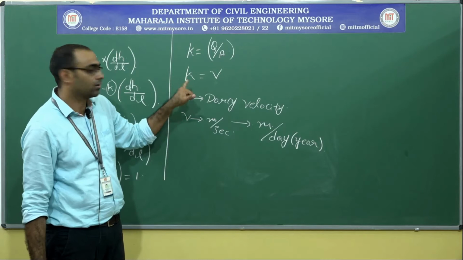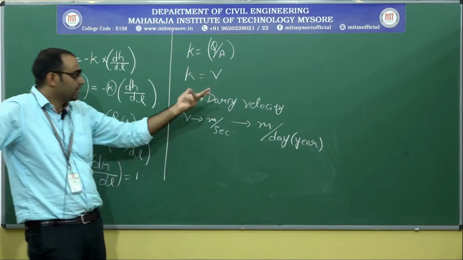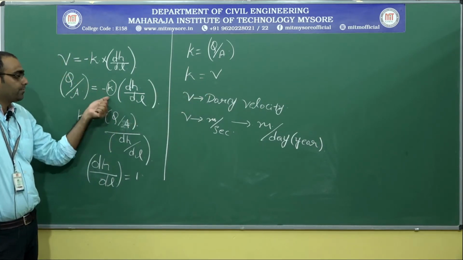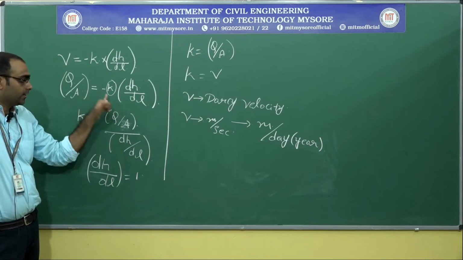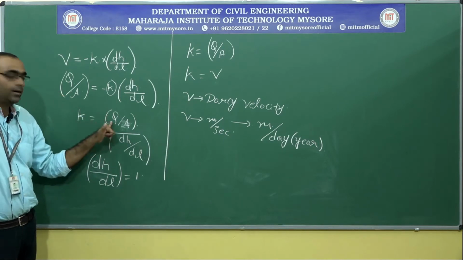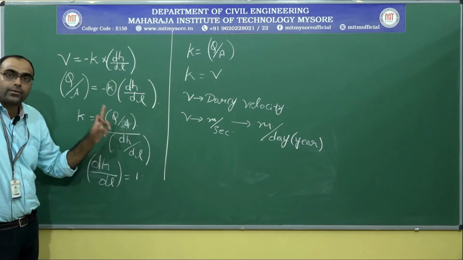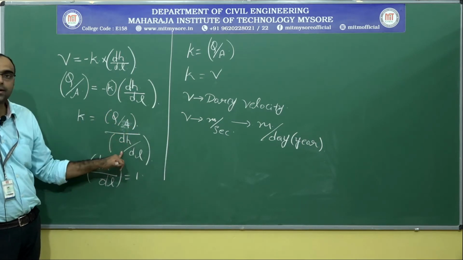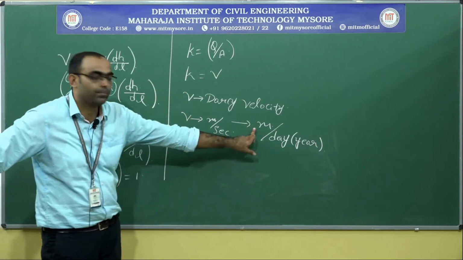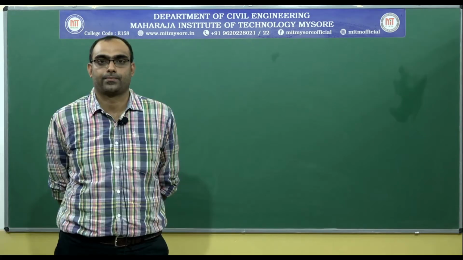Coefficient of permeability or hydraulic conductivity. Once again, the definition of coefficient of permeability or hydraulic conductivity is the ratio of rate of flow of water per unit area of the aquifer under unit hydraulic gradient, and the unit for that is meter per day. This should be remembered to solve the problems.